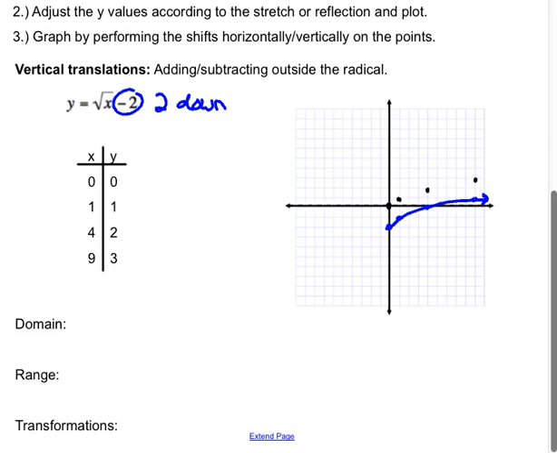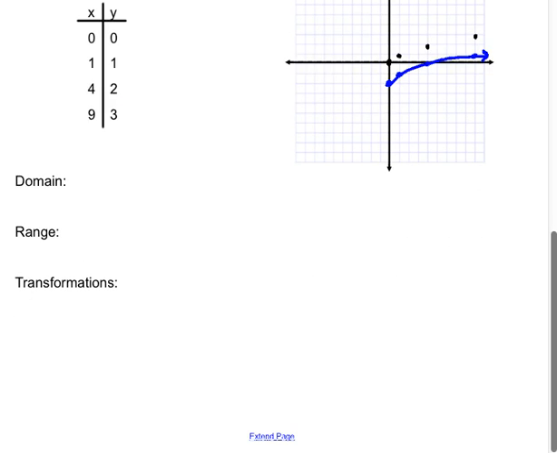And when I connect them, I get something that looks like that. All right, so what transformation occurred here? Well, obviously just 2 down, or down 2, whichever way you prefer talking about it.